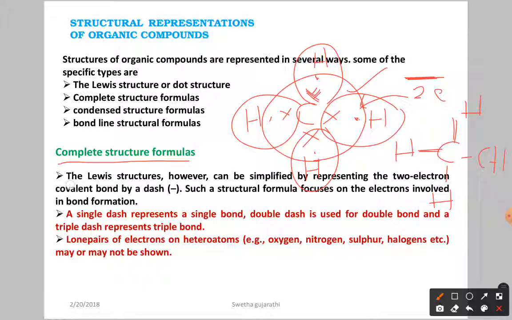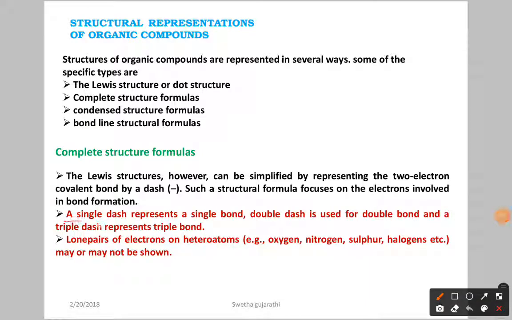The Lewis structure can be simplified by representing the 2-electron covalent bond by a dash. Nothing but this dash indicates a bond. Such structural formulas focus on the electrons involved in bond formation, so you can come to know how many electrons are involved in the bond formation.